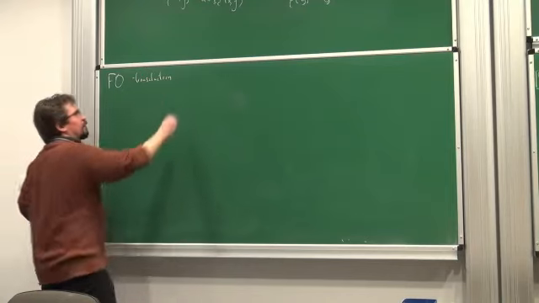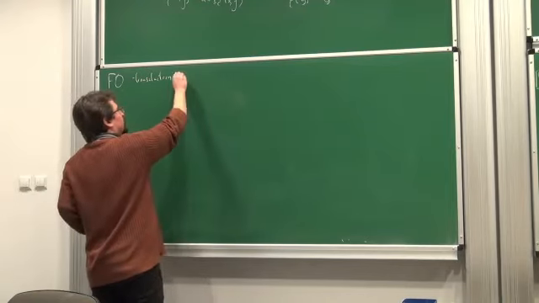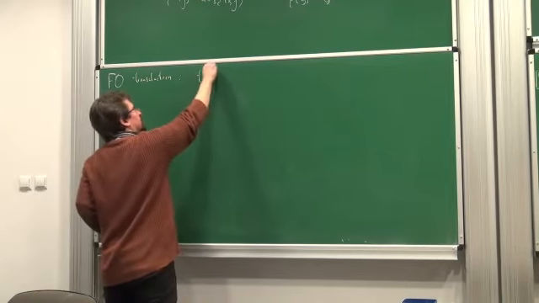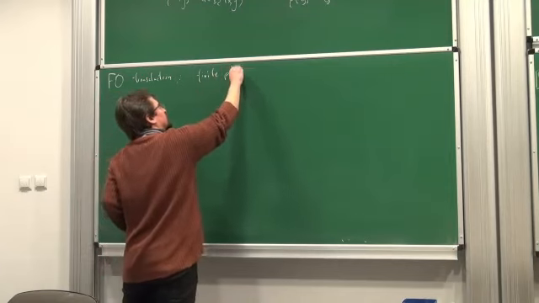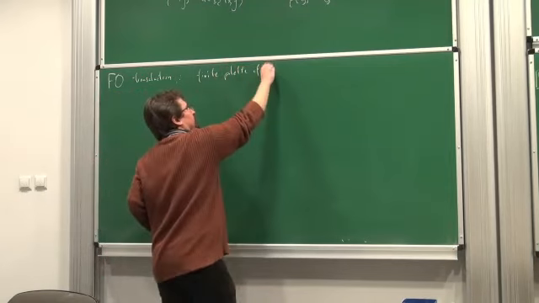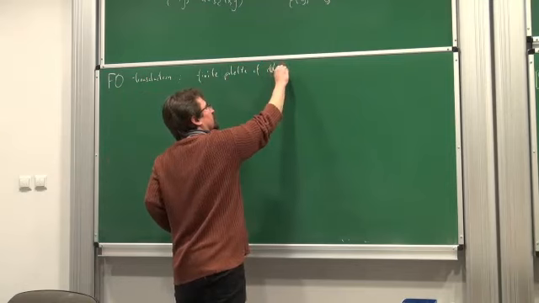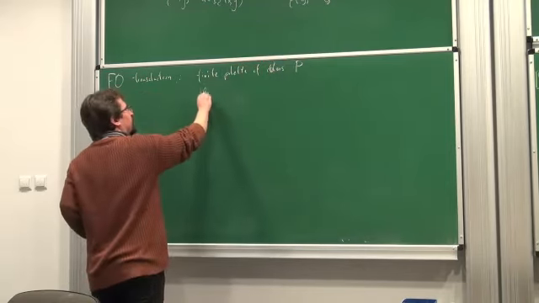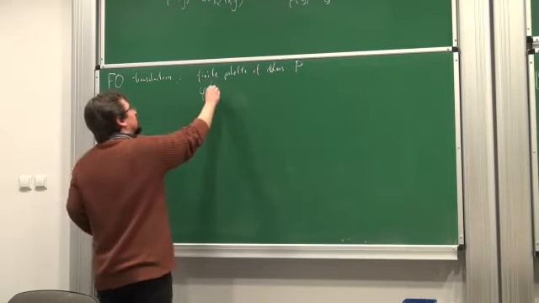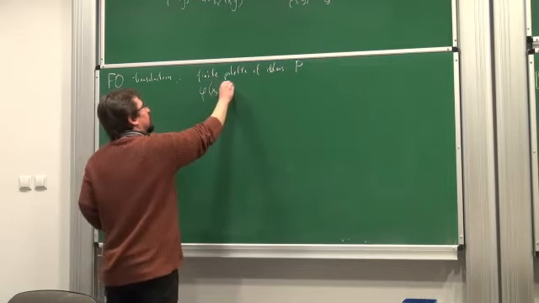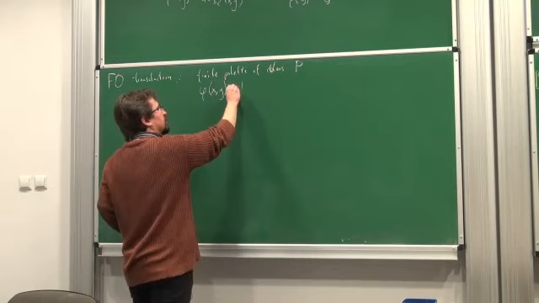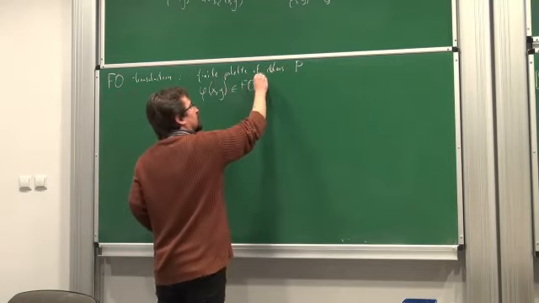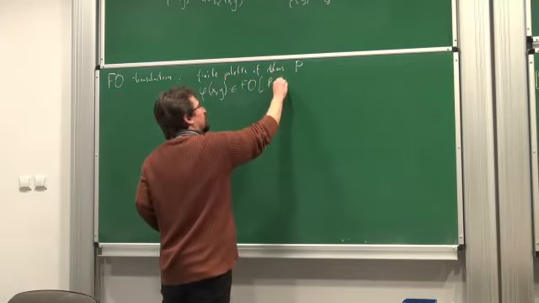It consists of a finite palette of colors, let's call it P, and also a formula phi that works on P-colored graphs.